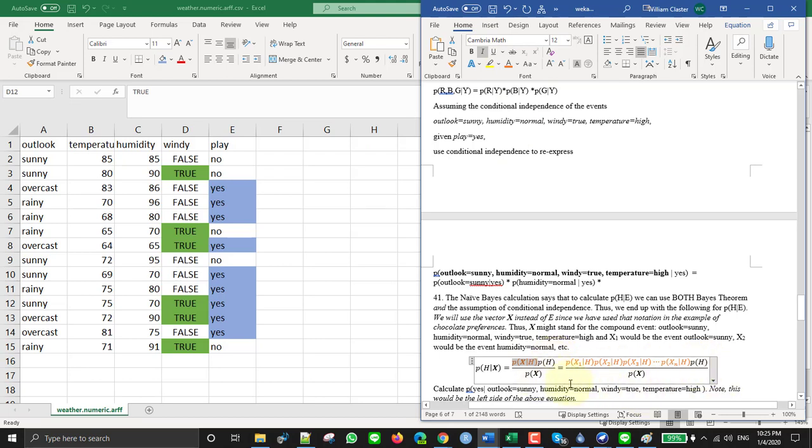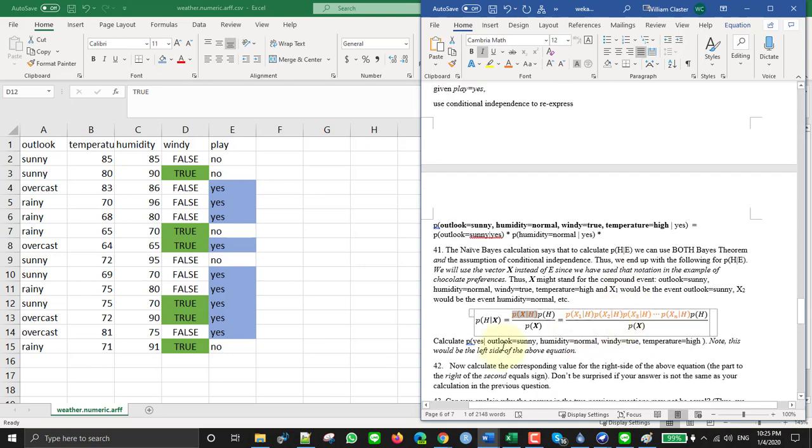So this comes from the assumption of conditional independence. Okay. So what does it ask us to do? Calculate the probability of yes, doing it this way. And you're supposed to do this to calculate this.